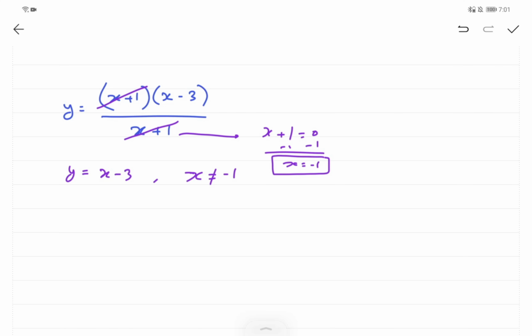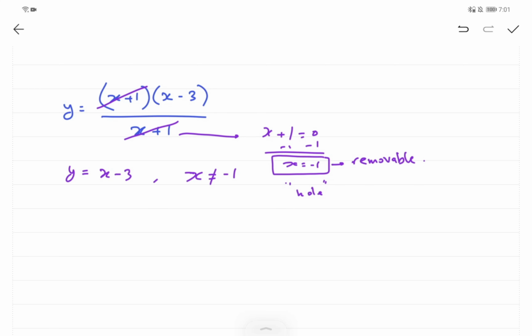So the rational function has a point of discontinuity x equals negative 1, and this point of discontinuity is removable. And since we have a removable point, the graph will have a hole.